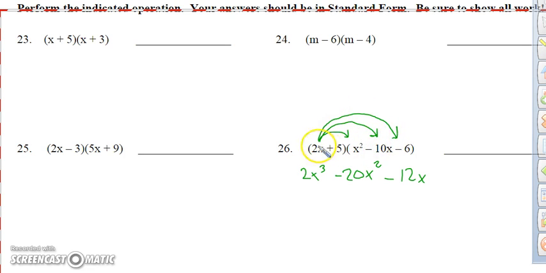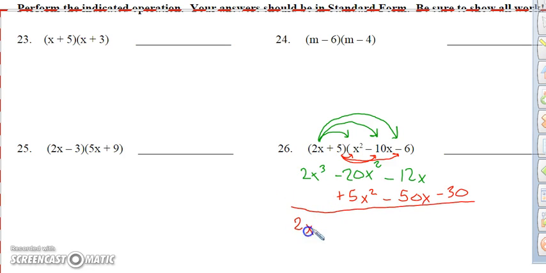Same problem we just did, just now we have a second term to distribute. 5 times x squared, and line it up with your x squared, plus 5x squared. 5 times negative 10 is negative 50x. And then look what happens here. 5 times negative 6, negative 30.